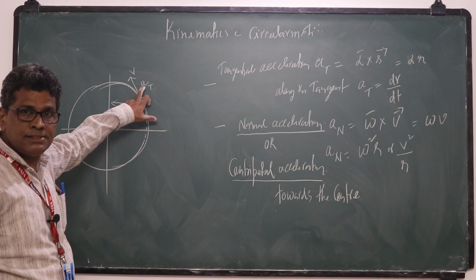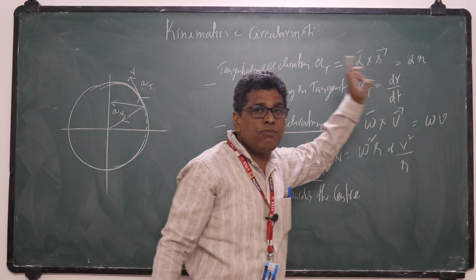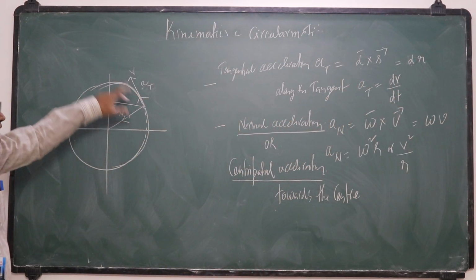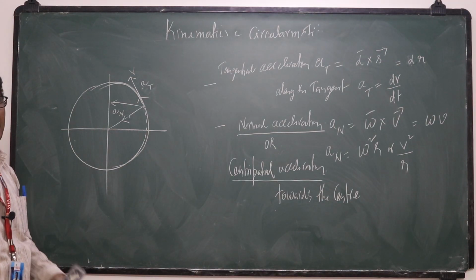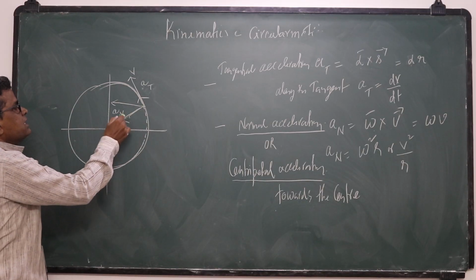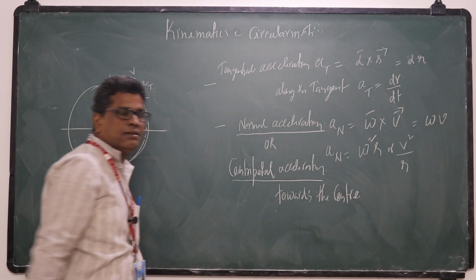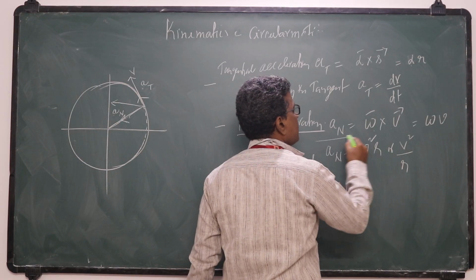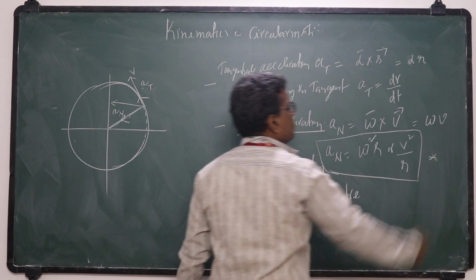The second one arises due to the change in the direction of velocity. That component is towards the center and is called centripetal acceleration. It is given by the formula omega square r or v square by r. These two formulas are very important.